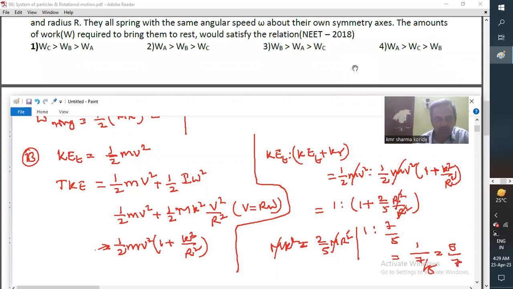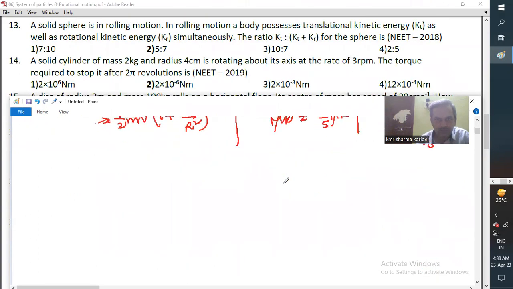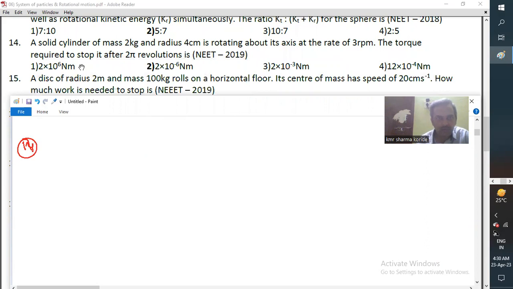Then moving to question number 14. A solid cylinder, mass 2 kg, radius 4 centimeters, is rotating about its axis at the rate of 3 rpm. So torque is the question. So let us get back to the formula directly.